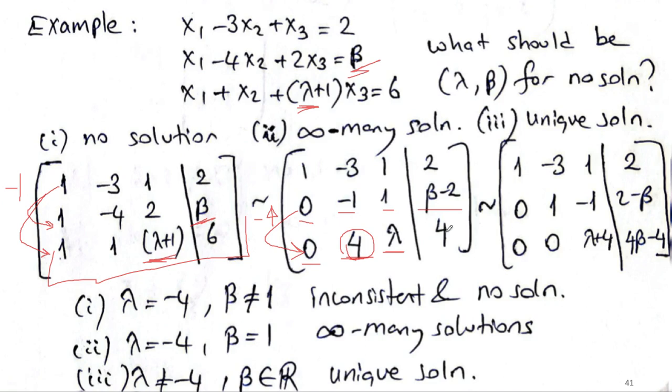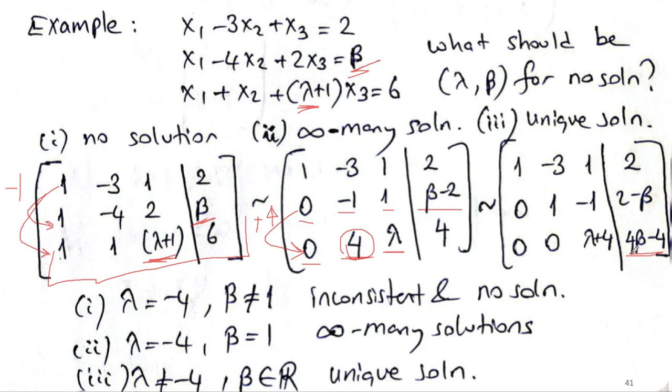Right-hand side, we have 4 beta minus 4. So we multiply this by plus 4 and then add. So basically we have 4 beta minus 8 plus 4, that's 4 beta minus 4.